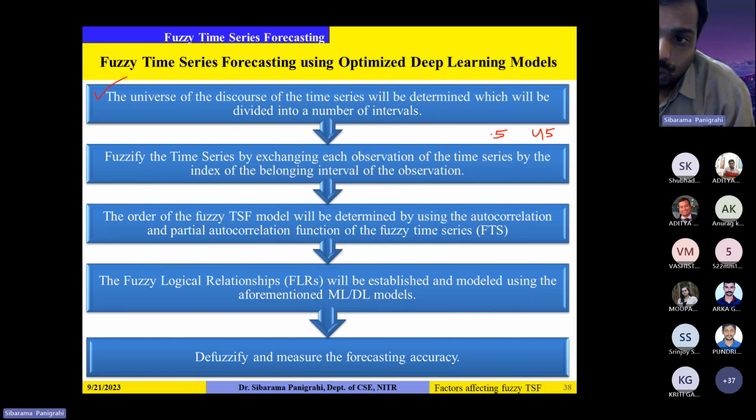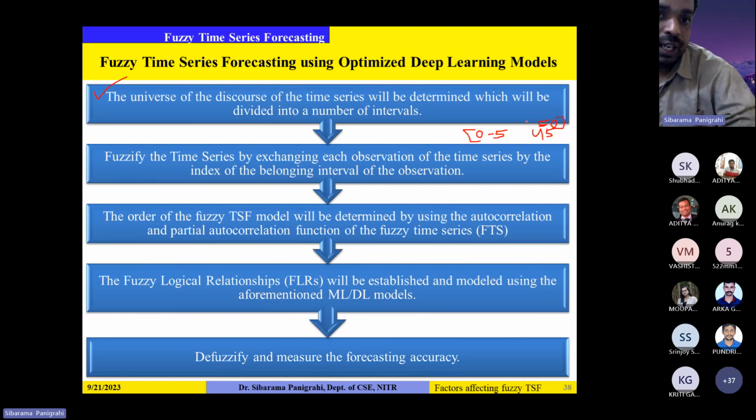So we will subtract 5 and get 0 as the lower limit of the universe of discourse, and 50 as the higher limit, right? So the universe of discourse defines the set of all possible values that a set might have, right?